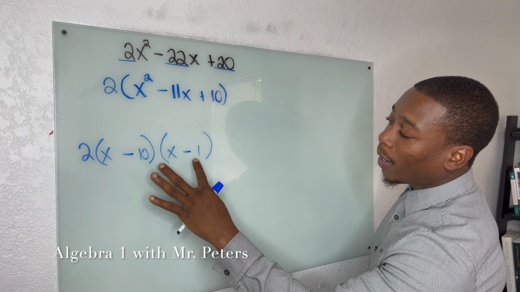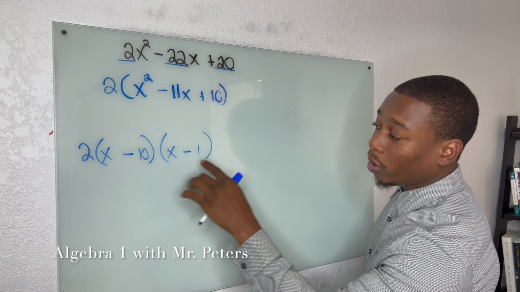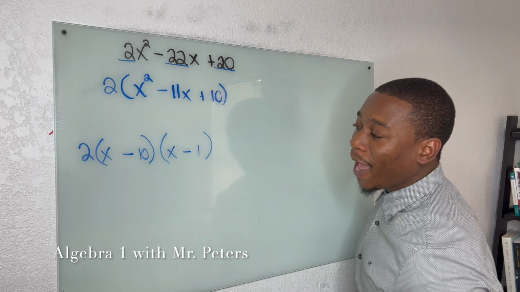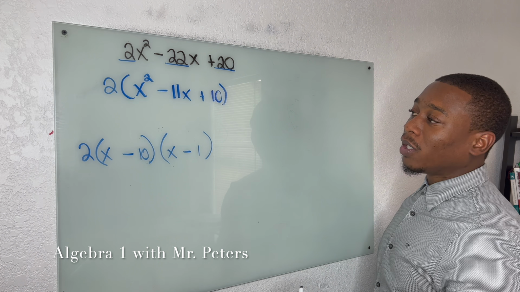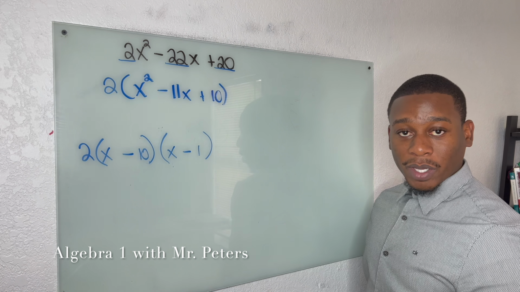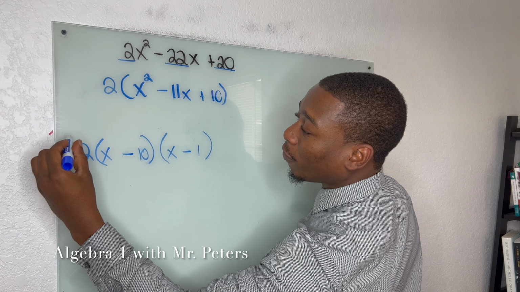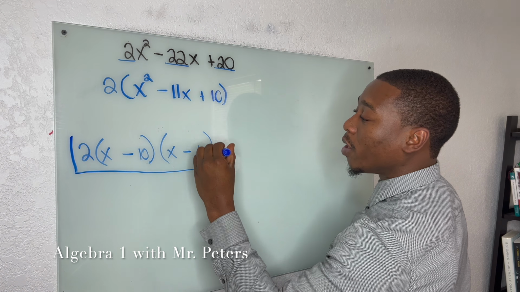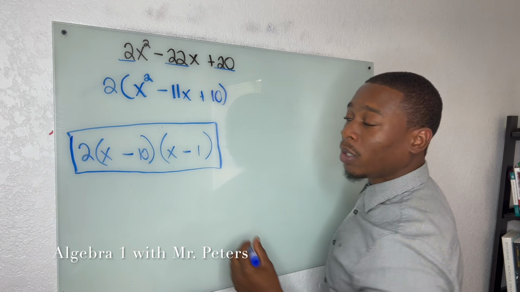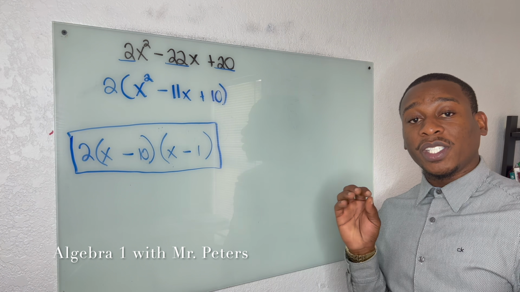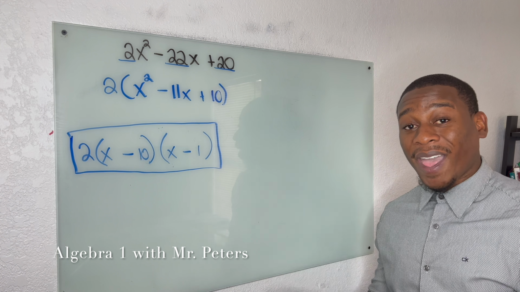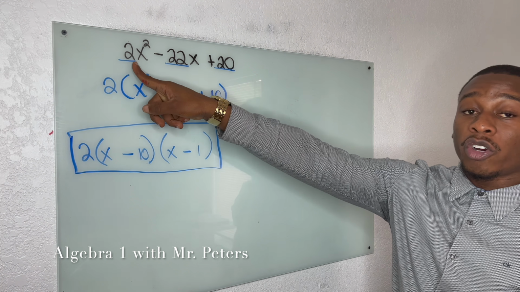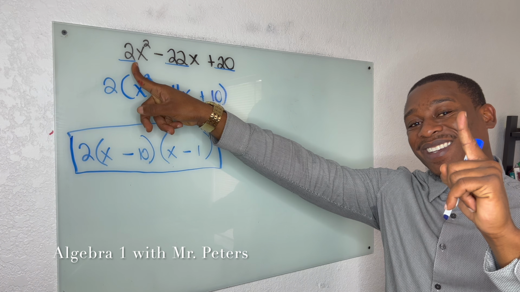When we multiply -10 and -1, we'll get a positive 10. And when we add it, we know that it's going to give us a -11 in the middle. So if they asked us to factor this problem, this would be our answer here. Just make sure you always check for a greatest common factor when this leading term is greater than 1.